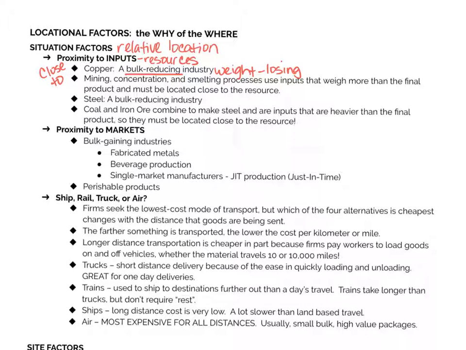Yeah. Why? So that it's less money. It's cheaper. So if it's a bulk reducing industry, a weight losing industry, they have to be close to their inputs, to their resources. The ones on here, like copper and steel, are the two most common types of bulk reducing.